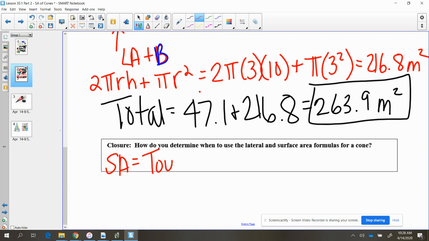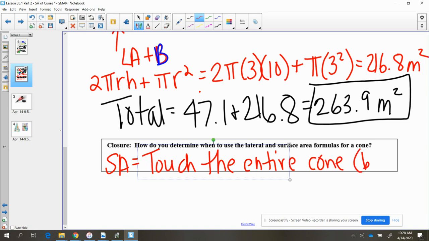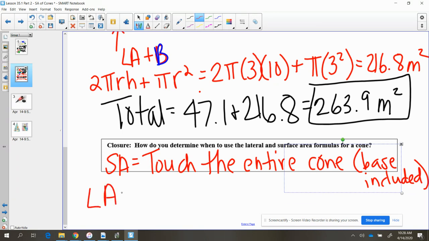So think about when you can touch the entire cone, aka the base is included. When we want the total surface area of a cone, we want to include that base. Well, you only want the lateral area when we do not include the base.